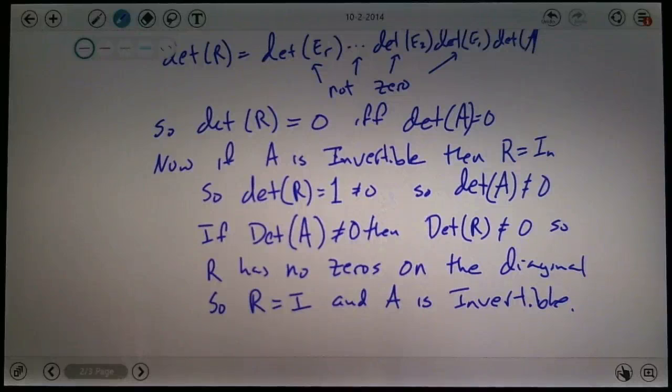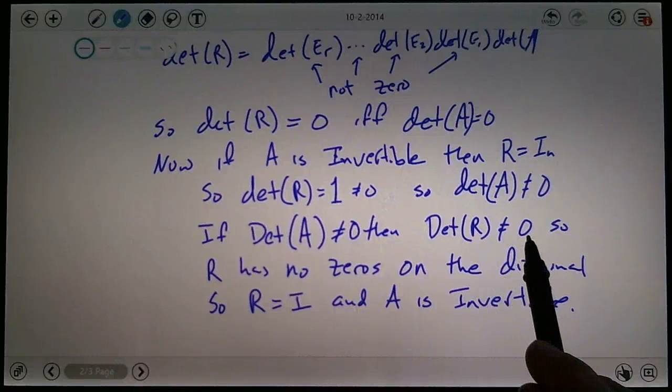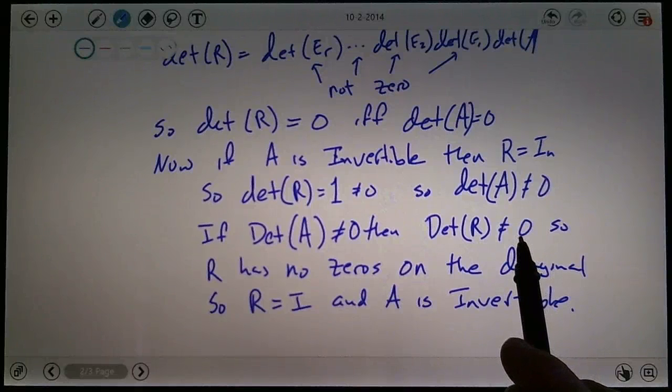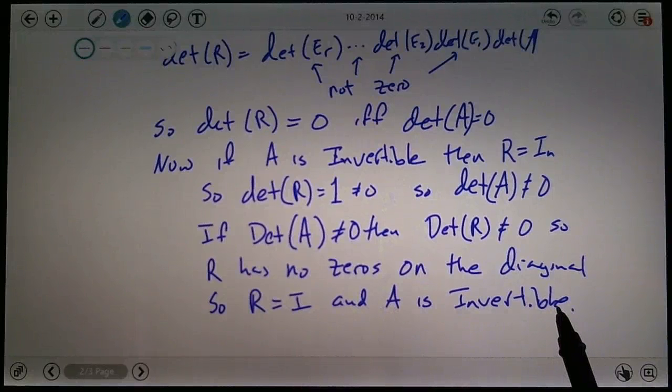Since R is in reduced row echelon form, then it is an upper triangular matrix. And the determinant's not equal to 0, which means there are no zeros on the diagonal. And if there are no zeros on the diagonal, then it must be the identity matrix. And so the reduced row echelon form of A is the identity matrix, and A is invertible.